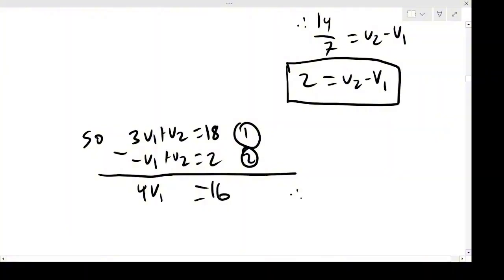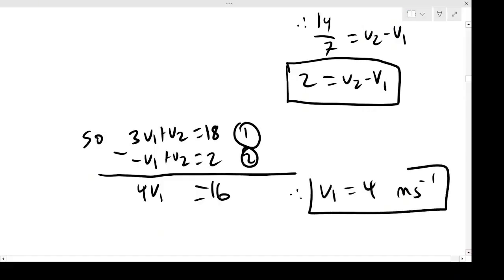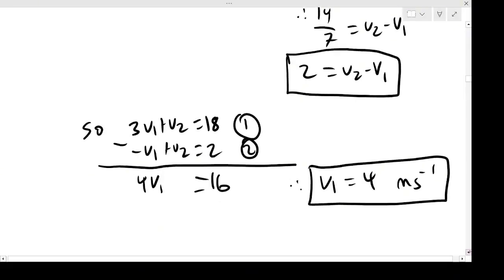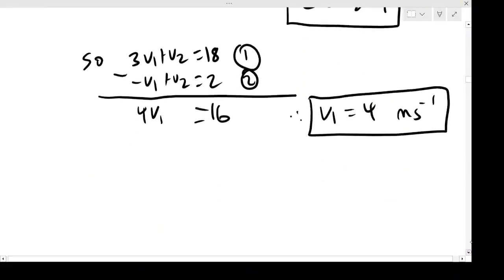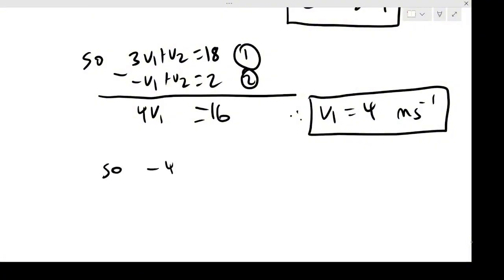So therefore, if you divide by 4, I get v1 to be 4. And that is my speed there. Now I'm going to need to find v2. I could substitute it into the second one. So that means minus 4 for v1, add v2 equals 2. So therefore v2 is going to be 6.